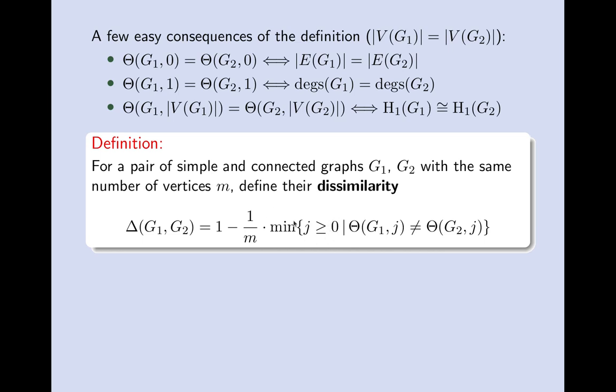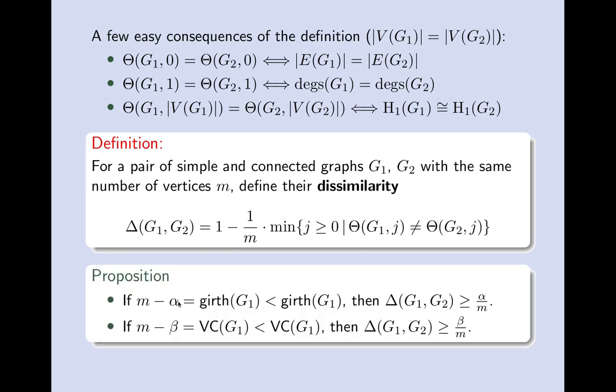And of course, the higher the level at which the two theta sequences start not to coincide anymore, the lower the dissimilarity will be.